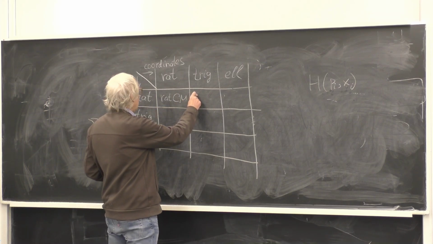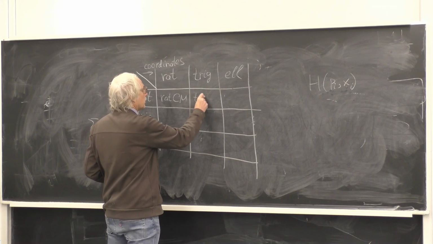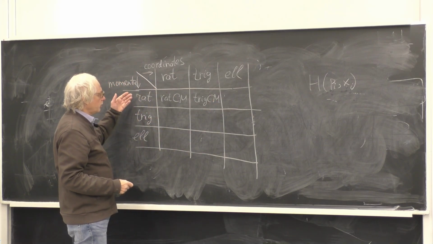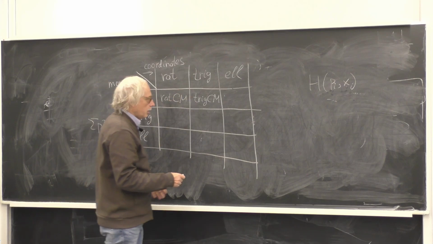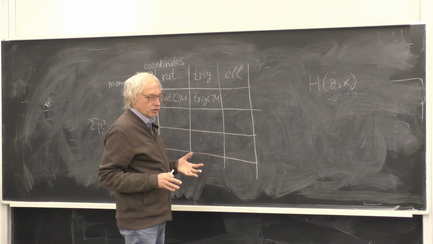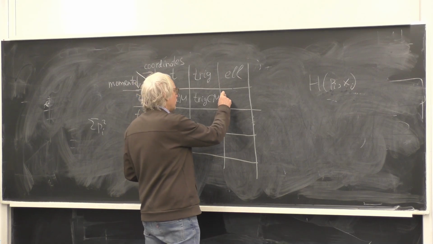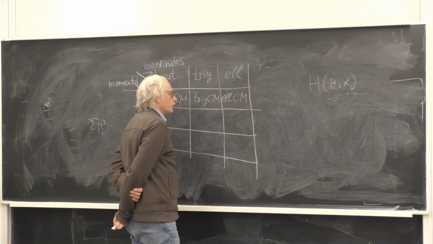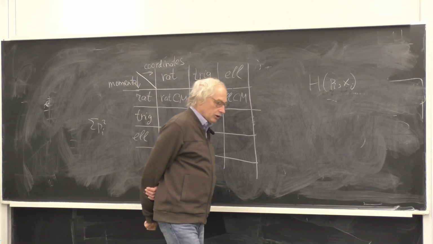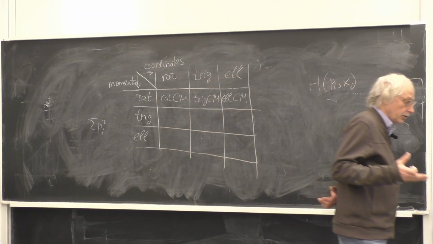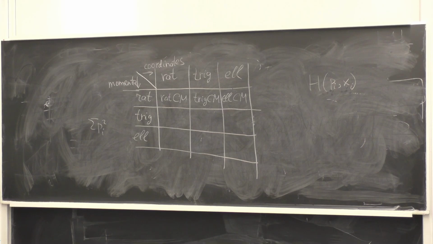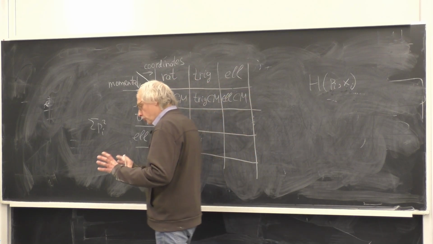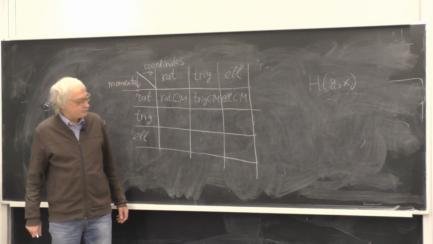Here we have the trigonometric Calogero-Moser model, because the dependence on momenta is the same, but the interaction potential is already a trigonometric function. Here we have the most general case, the elliptic Calogero-Moser model. So the kinetic part of the Hamiltonian is still the sum over squares of momenta, but the interaction potential is an elliptic function.